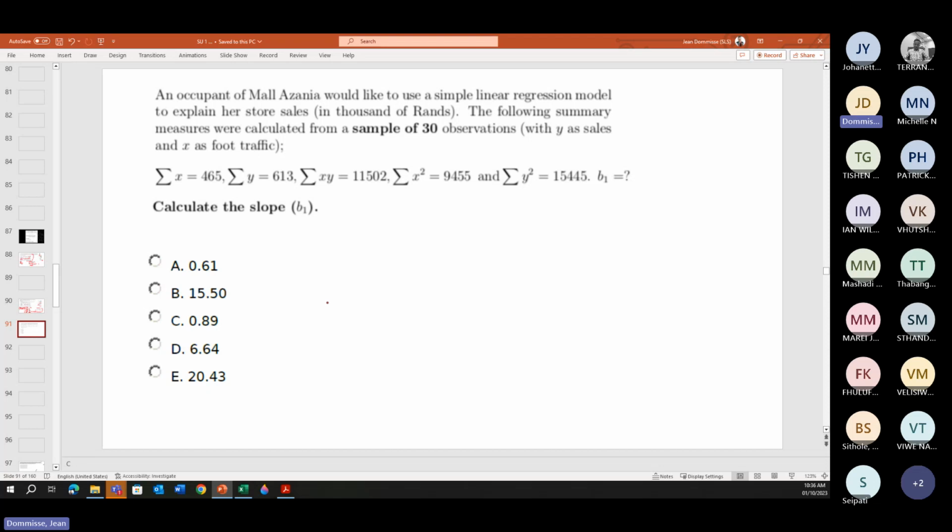I was looking before I started this session to get these formulas, and it wasn't in the study guide, so I quickly just want to get it from one of the other documents I have, so that we can quickly work it out.